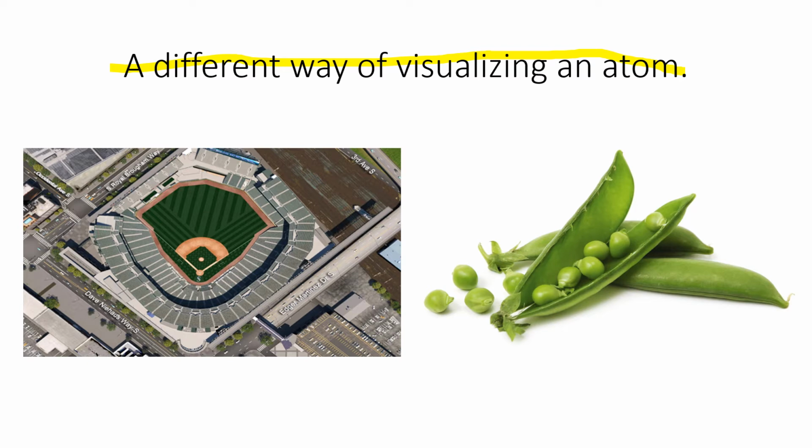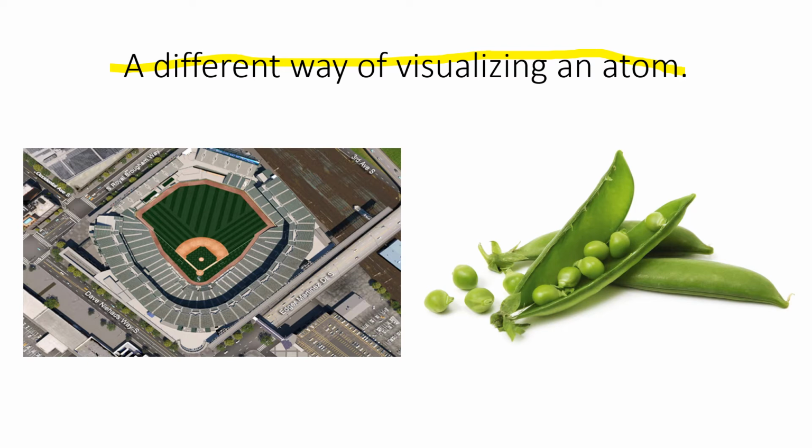On the left, you see a picture of a large sports stadium. This one happens to be a baseball stadium. You can do a football stadium, a soccer stadium, a basketball stadium, but a large sports stadium. On the right, you see a picture of some peas. I want you to imagine taking one of those individual peas, walking out to the middle of that sports stadium, and dropping that pea in the middle.